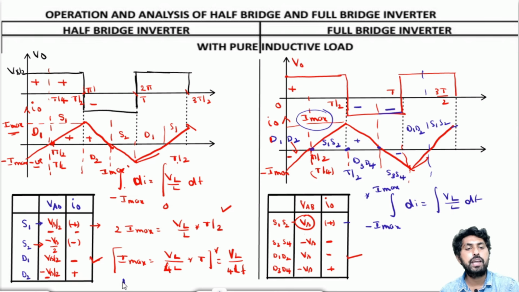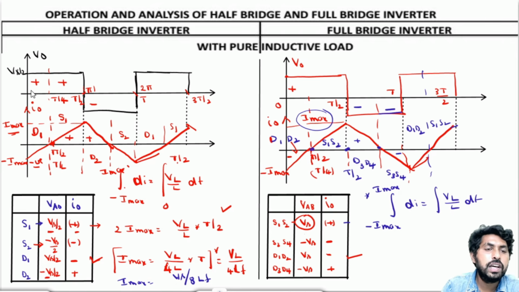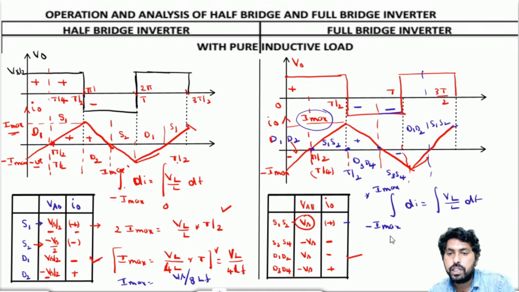So I max will be Vs by 8 into LF, because here VL equals V0, so V0 equals Vs by 2. Let me find it here also. 2 I max equals Vs by L into T by 2.